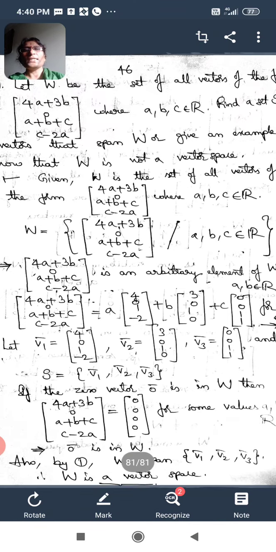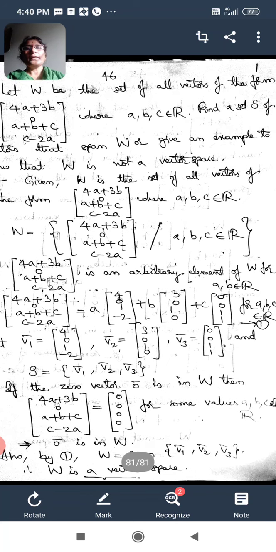In this, the last problem is given like this. Let capital W be the set of all vectors of the form 4a plus 3b, 0, a plus b plus c, c minus 2a. That means this is a 4 by 1 column vector.